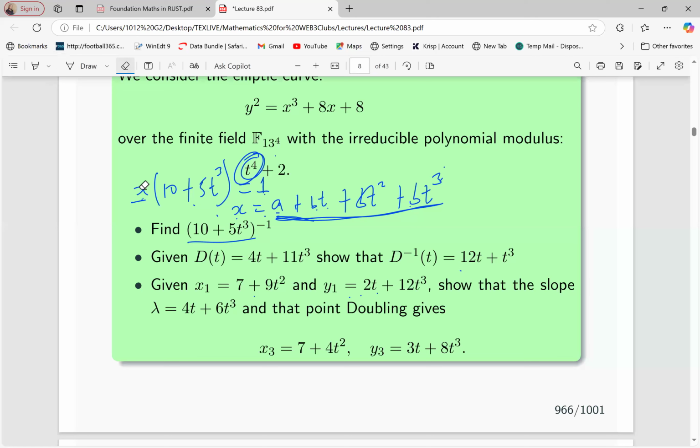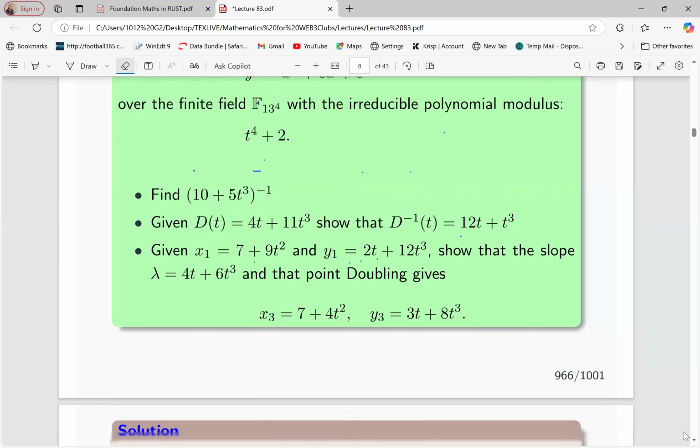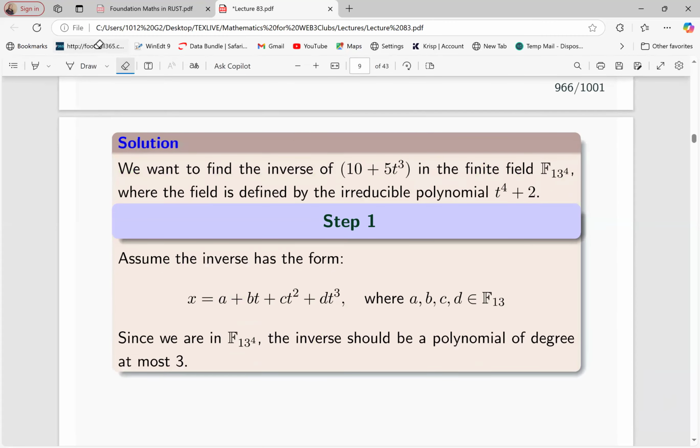So you can see that it's very interesting how we write the code that will be doing the inverse, because we must tell it how the inverse is supposed to look, how x is supposed to look. The inverse will also be a polynomial of that form. So that's what I've said here.